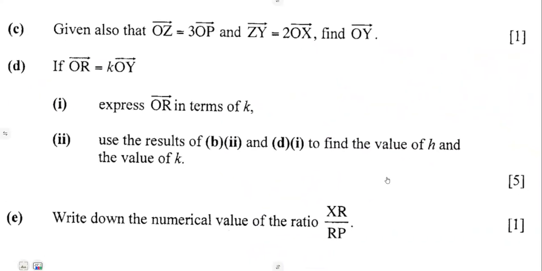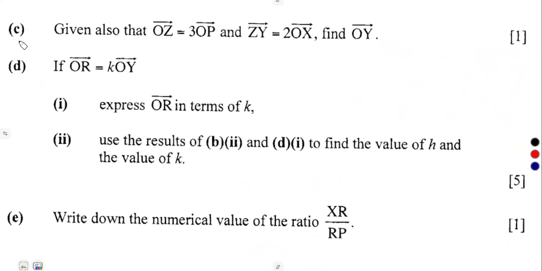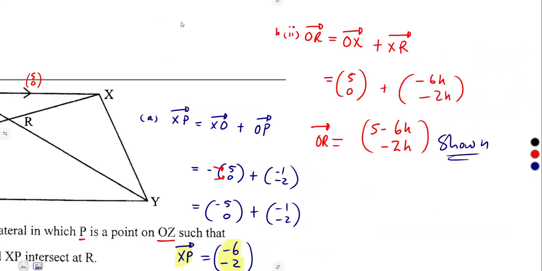All right, also we are given this information on C, given also that OZ is 3OP. I said whenever you're given that, find that first. Then, and ZY is this, find OY. Okay, let's start with what we are given, OZ.